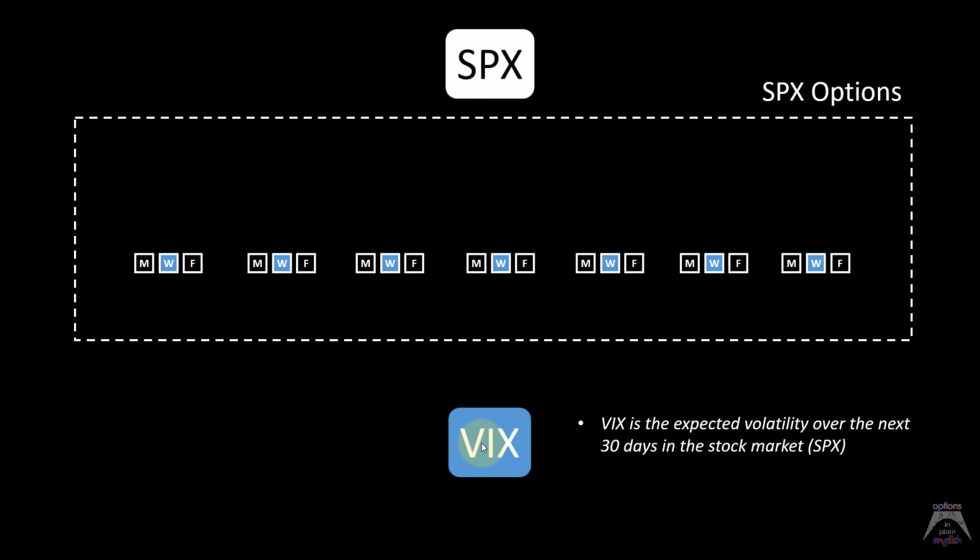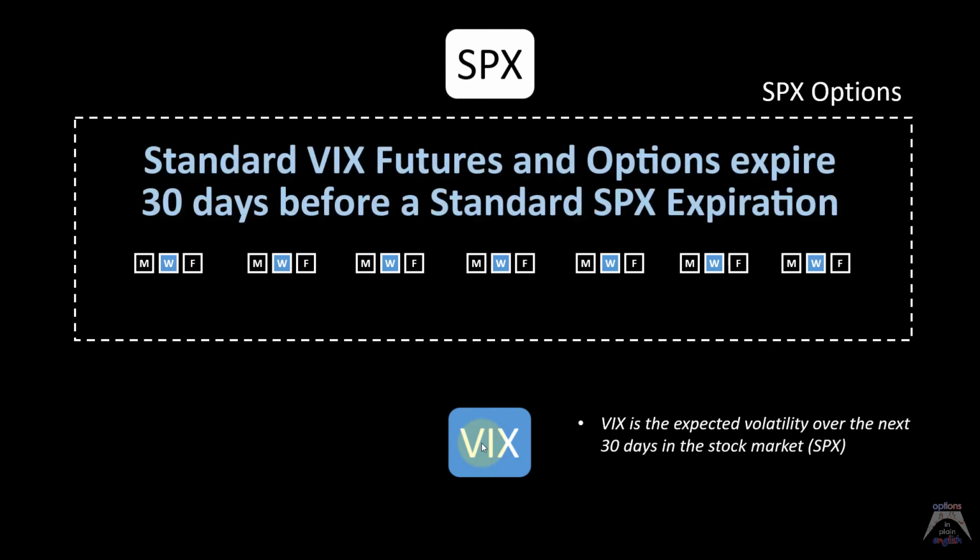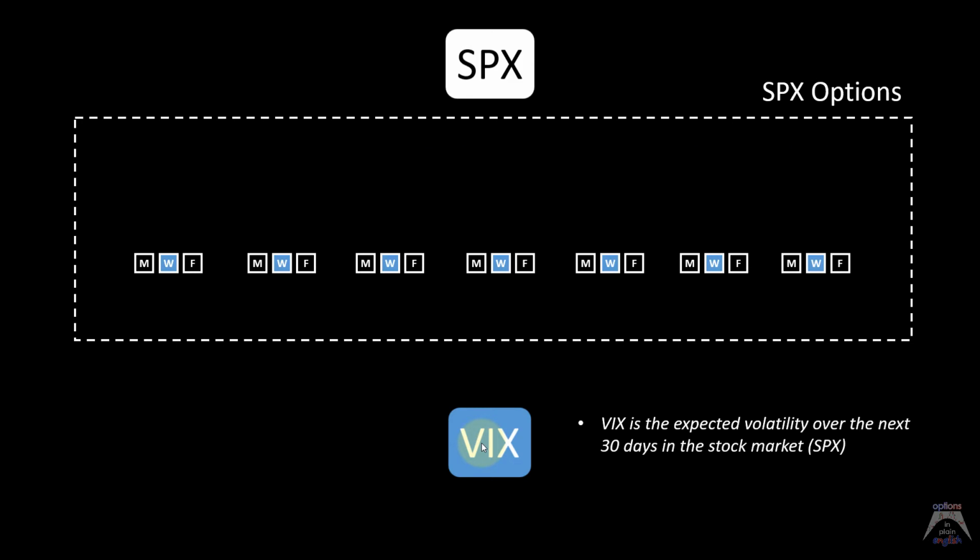And as you may guess, the standard VIX Futures and Options are the ones that are expiring 30 days before a standard SPX option expiration. So every Wednesday we're going to have an expiration, but some of them are going to be weekly and some of them are going to be standard.